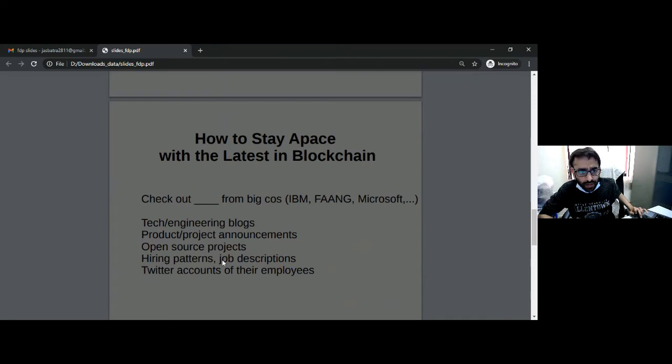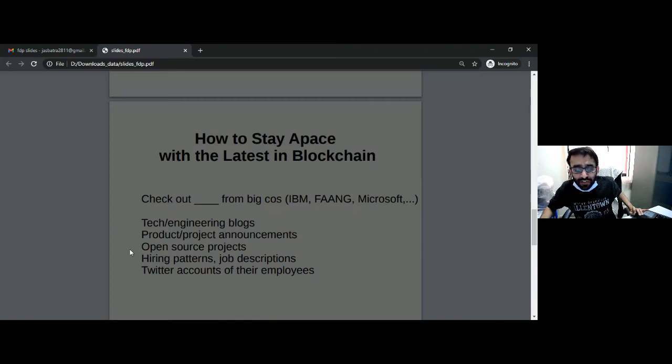Keep a buzz on what these big names are up to, because they are usually not just market leaders but technology leaders. So it helps if you keep a tab on what they're up to. Keep checking their tech blogs or product announcements. Many of their projects are now open source, so keep a tab on what kind of open source projects their engineers are involved in.